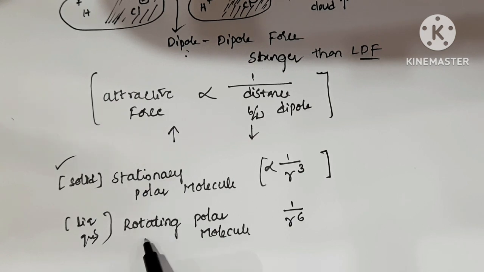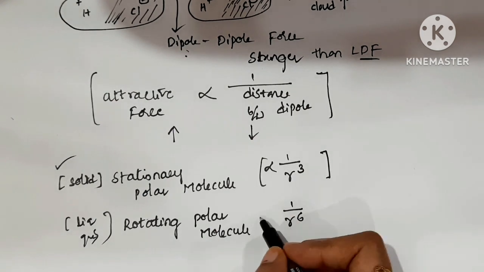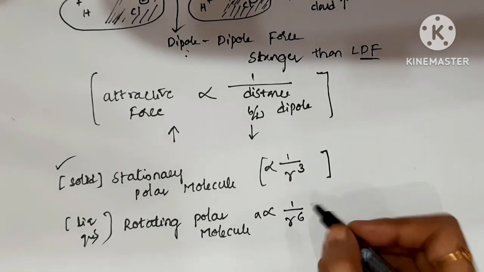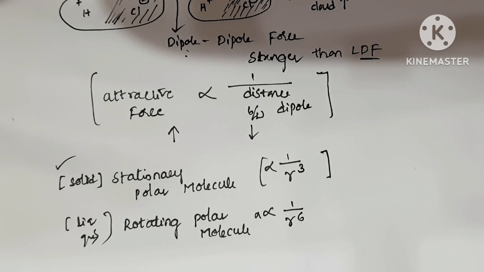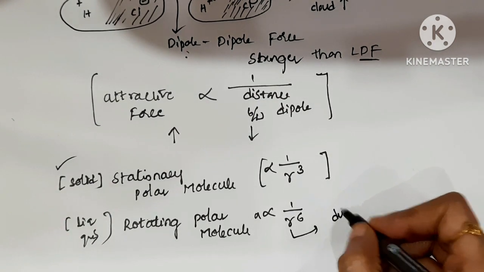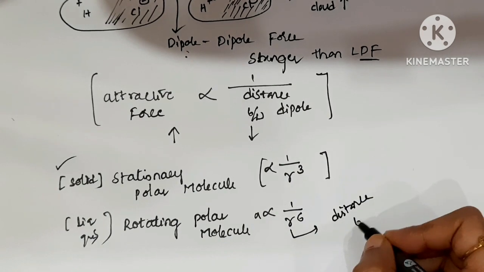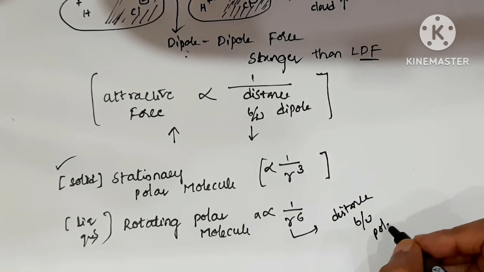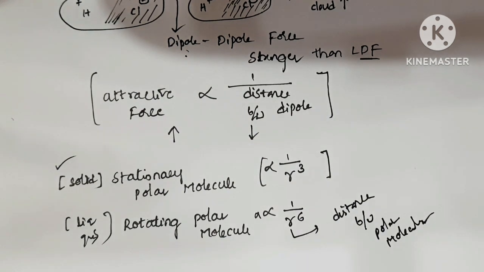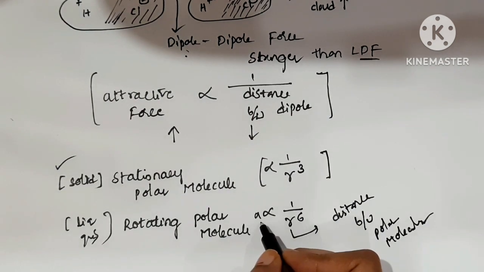So in these rotating polar molecules, the attractive force is inversely proportional to 1 by r power 6. R means the distance between the polar molecules, simply. If the distance is high, then definitely the attractive force, attractive energy is low.